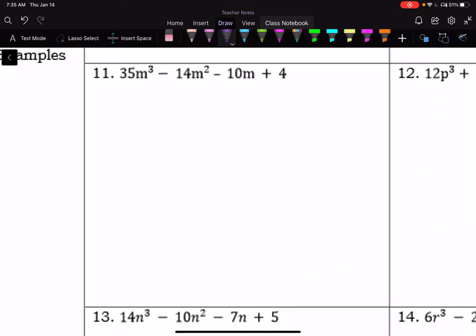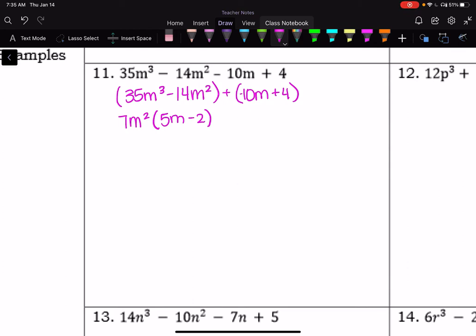Moving on to number 11, we're going to group the first two terms together. Put a plus sign in between and group the last terms together. We'll take the GCF from my first group, which is 7m squared, to leave me with 5m minus 2.